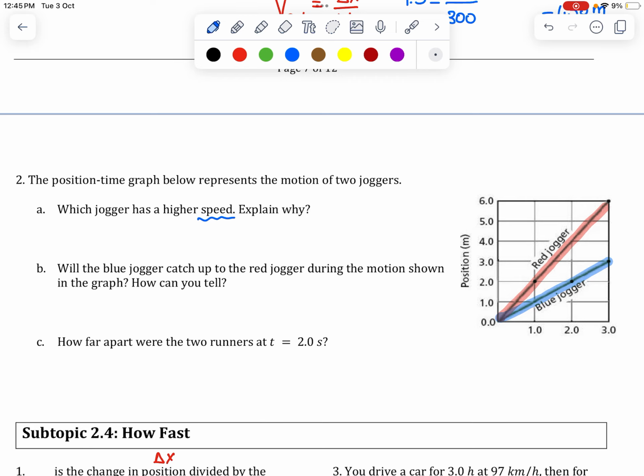Speed is actually the steepness or the slope. I can see that the red jogger has a steeper line. For that, the red jogger has a higher speed as its line is steeper.